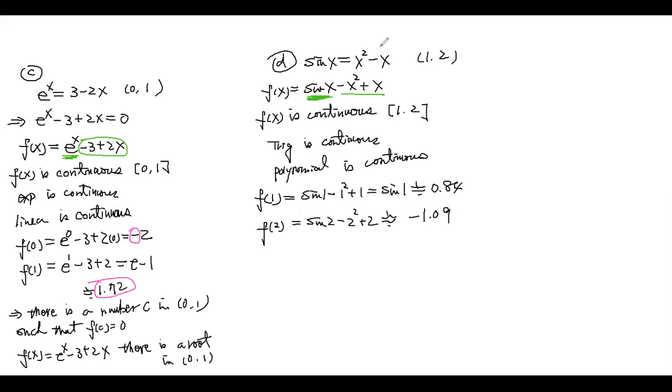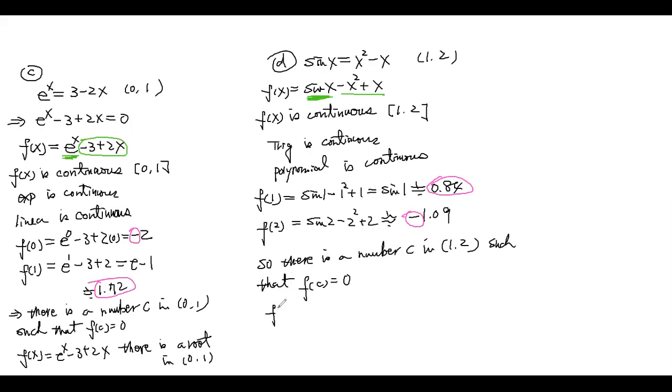So as you can see here, the same way, one is positive, one is negative, and this is a continuous function. So we know there is a number c inside this interval (1, 2) such that f of c is equal to zero, right?